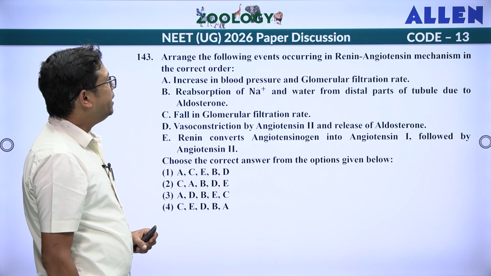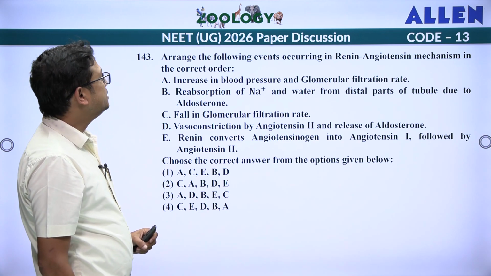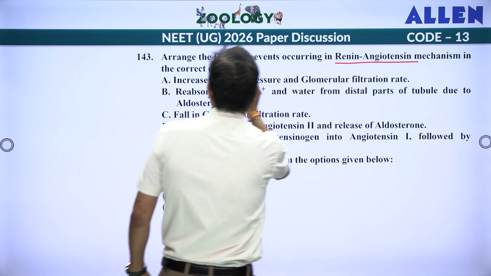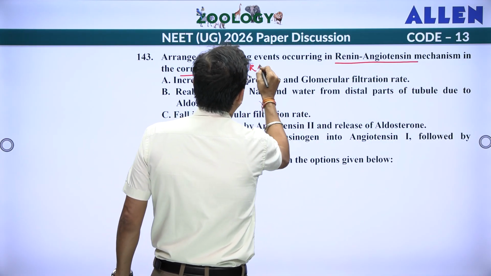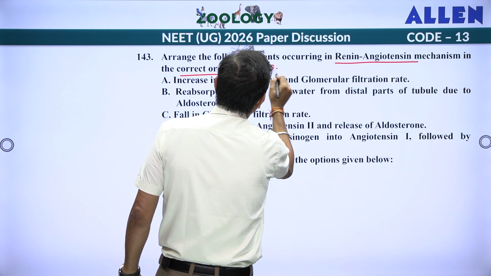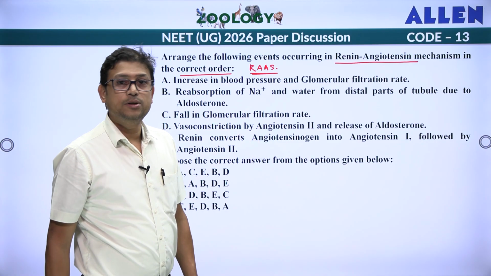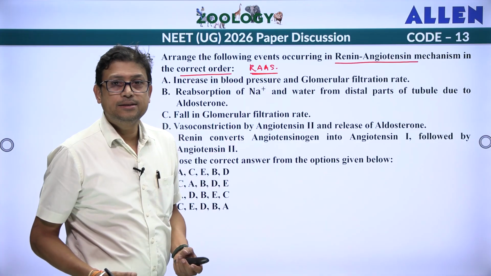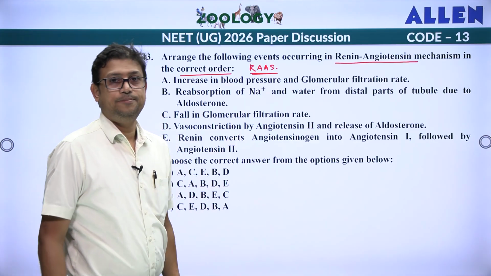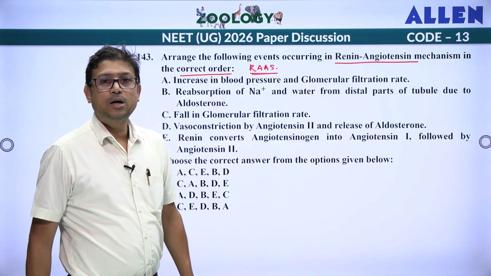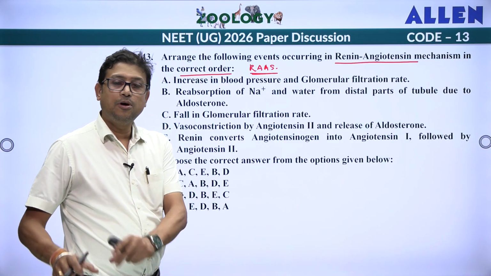Arrange the following events occurring in renin-angiotensin mechanism in correct order. Okay. RAS mechanism they are asking. We know that RAS mechanism is activated when our GFR falls. Suppose a person met with an accident, 1 liter of blood is lost, okay, or due to heavy sweating, a large amount of water is lost in the form of sweat.